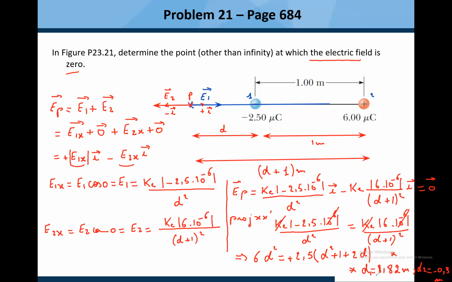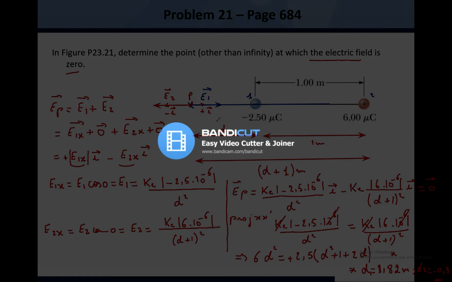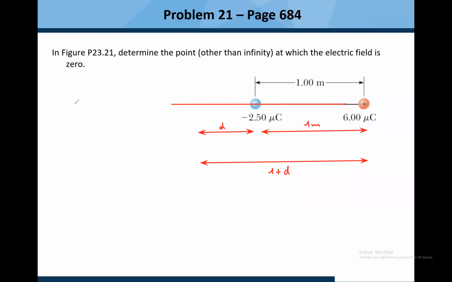You see well here you have a negative value and a positive value. So here we got d1 equal 1.82 meter and d2 equal minus 0.392 meter. We have a positive value and a negative value.